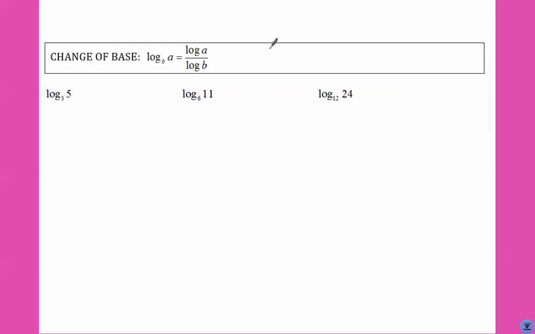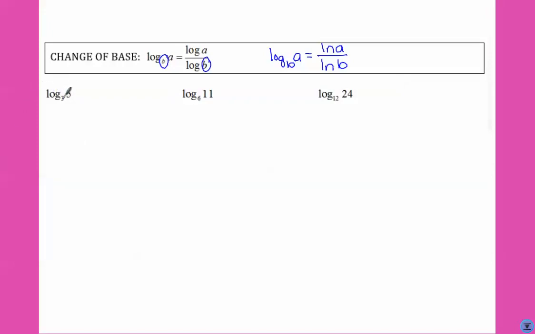Or if you have log base b of a, you can also use natural log for both of them on top and bottom. The big thing is the base goes in the basement. It drops down to the denominator of the fraction. All right, so if we have log base b of a, it can be common log of a over common log of b, or it could be natural log of a over natural log of b. The ratios are going to come out to be the same.